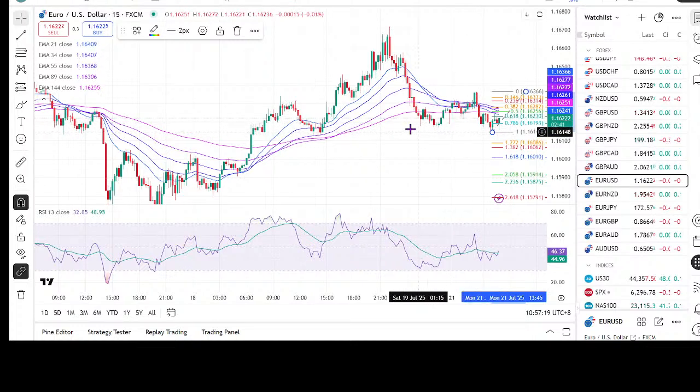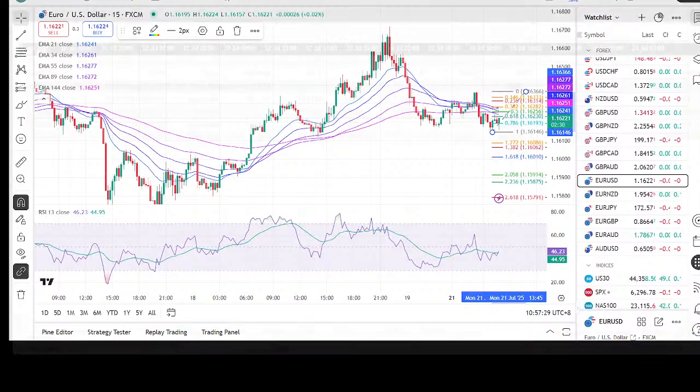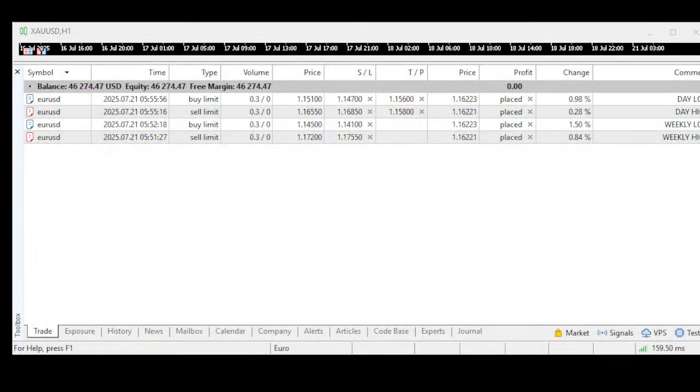Okay, definitely before that. So we will go for a sell at 1.1630, and we have already seen the high on the 15-minute. So that should give us a clue. So we are going to go for a sell.